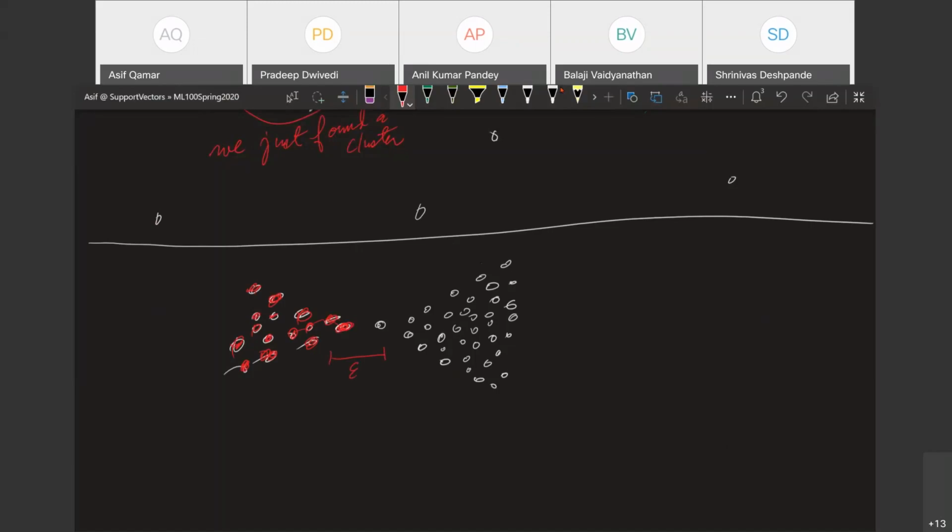Then it will end up grabbing this point, even though it was a boundary point. Because it could reach this point, it will start fanning out here, and so it will end up discovering that there is actually only one cluster.